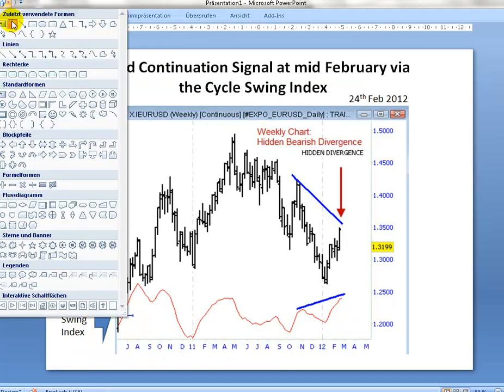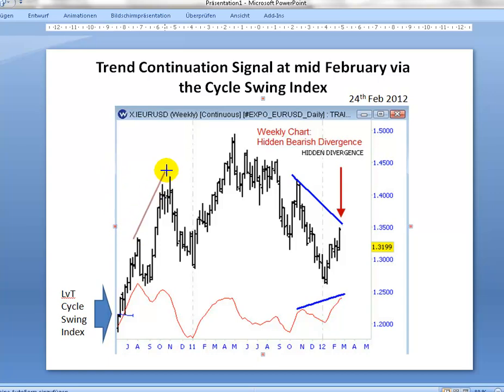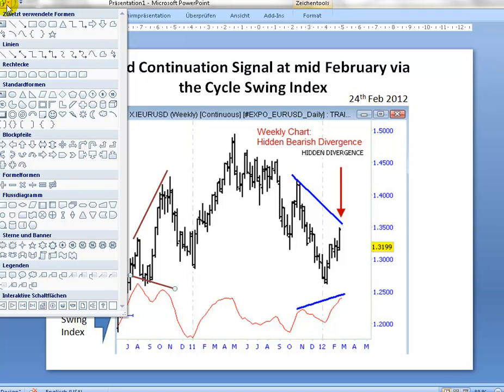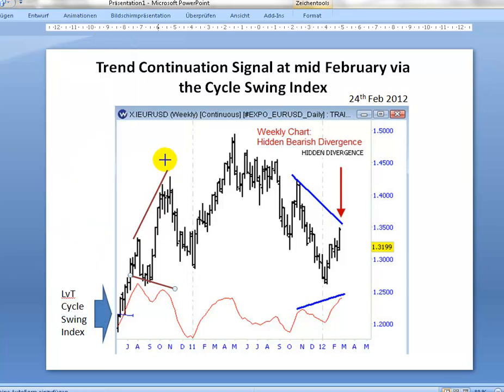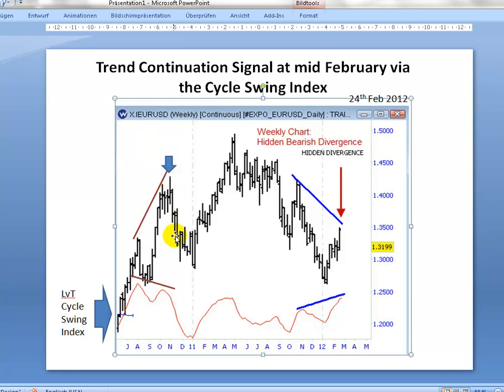This is a standard situation where you have a normal divergence setting up, and this for sure shows you that here you have a lower high and here you have a higher high. So exactly at this point in time, with no lag, you would have known the indicator turns, and we're just processing the high here, so you know that this for sure is a short-term high in the market. So this is the first conclusion we can draw based on the cycle swing.